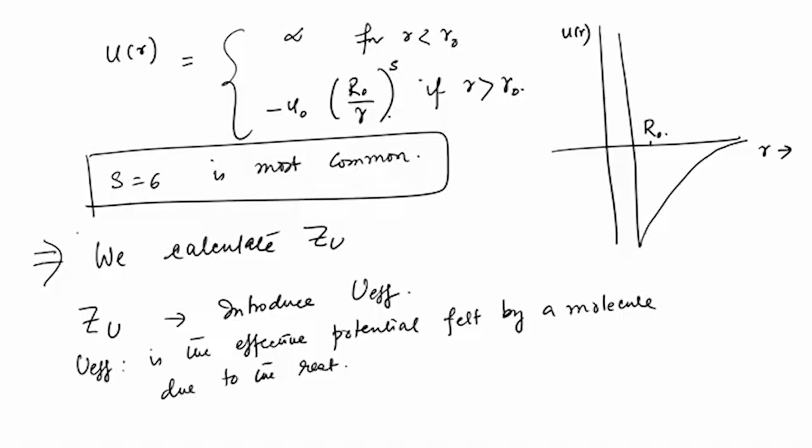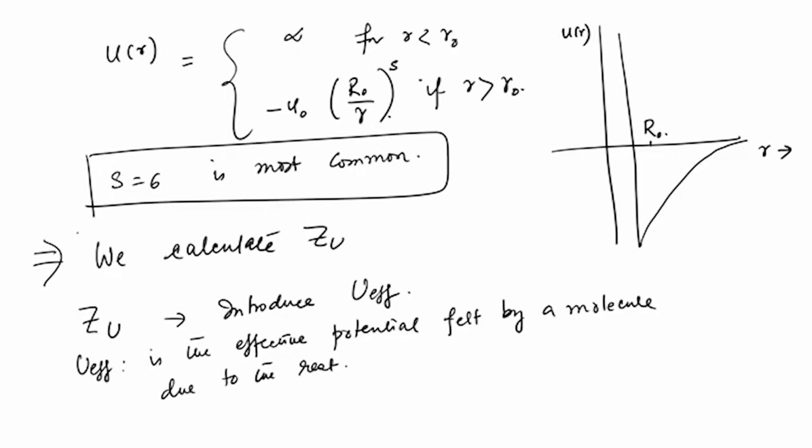So, starting from the partition function for an interacting gas, with pairwise interaction where really no form is assumed, excepting that it is hardcore repulsive at small distances and weakly attractive at large distances, with a form given by minus u0 (r0 by r) whole to the power s and so on.